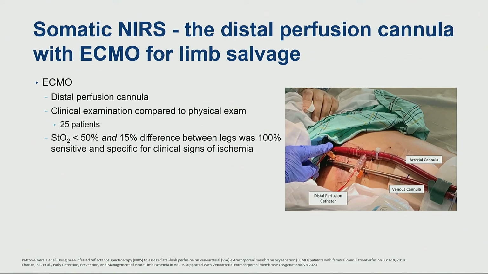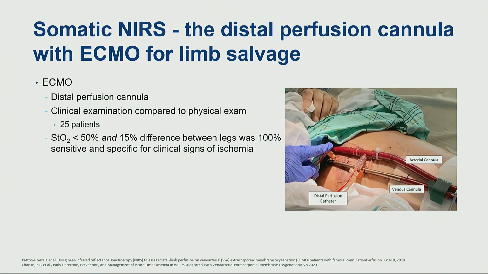Now, if you had somatic NIRS on these patients, then data does suggest that a less than 50% to 15% difference between the two limbs was nearly 100% sensitive and specific for the detection of clinical signs of ischemia.